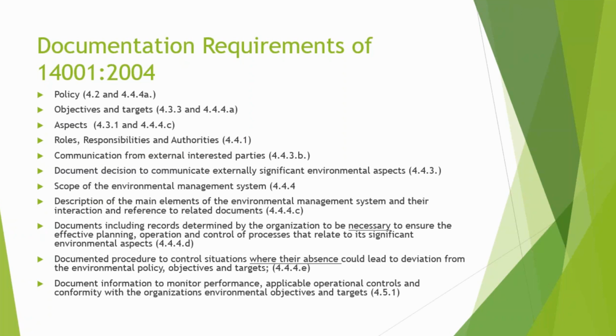We must document if we are going to make a decision to not communicate or to communicate the environmental aspects with our community. We must document our scope. We must describe the main elements of the environmental management system and their interaction and reference to related documents.